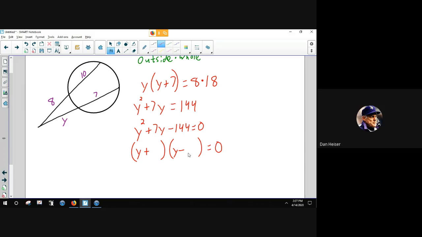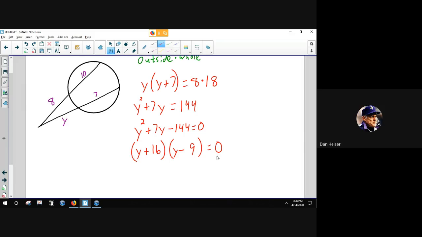Those same two numbers have to add to be 7y. The same two numbers have to be apart by 7. And there are two numbers that work. Those numbers are 16 and 9. Those are the two values.